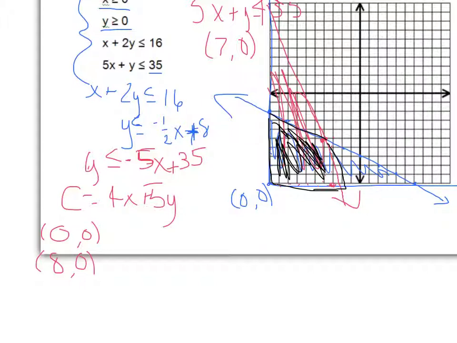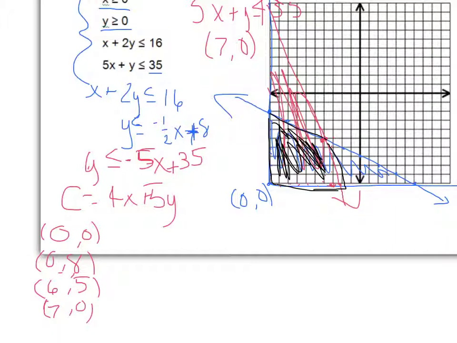Up 1, 2, 3, 4, 5. (6, 5). And then, let's see, it would have to be this point here, which was my y-intercept. Did I already get that one? Oh, I said (8, 0). That should have been (0, 8). And then this one is (8, 0), or (7, 0), sorry.